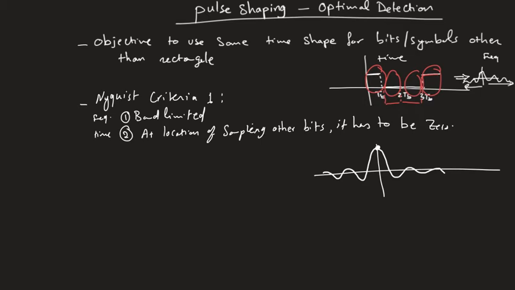So each bit is going to be transmitted using a sinc function. The first bit is transmitted here. Remember, one bit from the other is shifted by a value TB. So the second bit will come at this location, right?